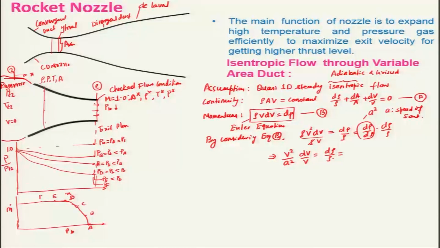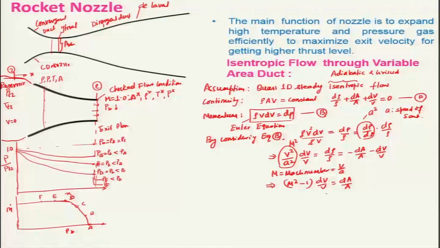In place of d rho by rho, I can write down from equation A, that is minus dA by A minus dV by V. Keep in mind that this V by a is basically the Mach number, M. So, this above equation, because this you can write down as M square, I can write it down as M square minus 1, dV by V is equal to dA by A. So, this is equation, let us say C, and this is known as the area velocity relation.